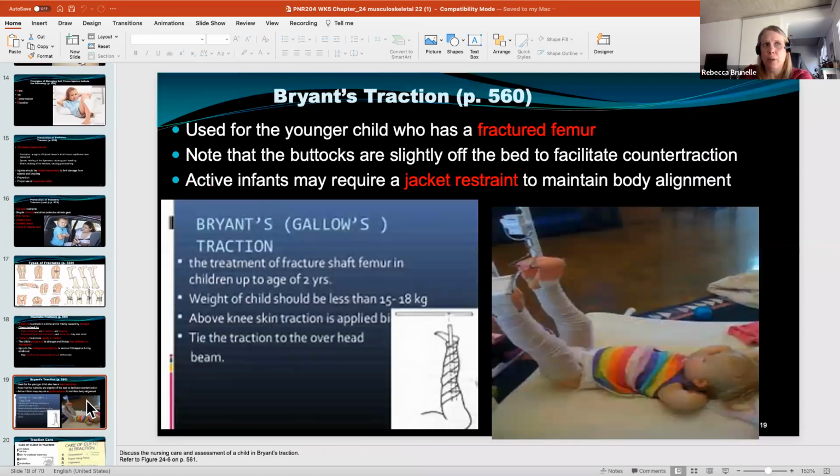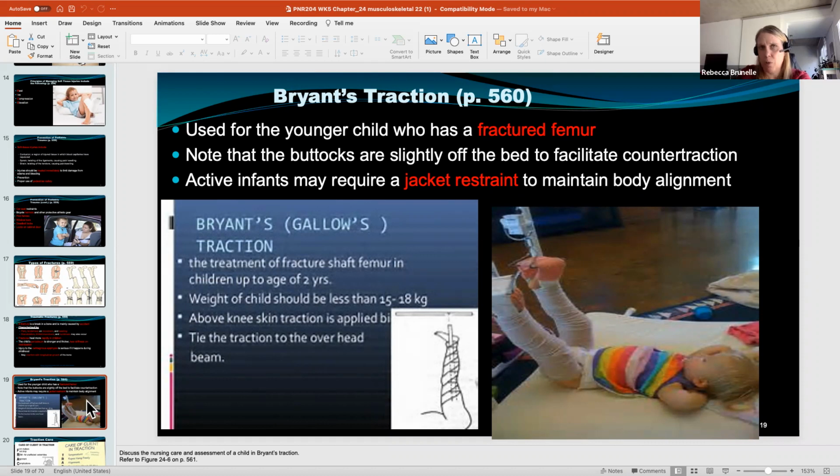So we're going to talk a little bit about traction. Have you guys talked about traction in your med-surg class or had any conversations about traction before? Yes? Okay. So what are some basic nursing interventions for a patient that's in traction, regardless of the type of traction?